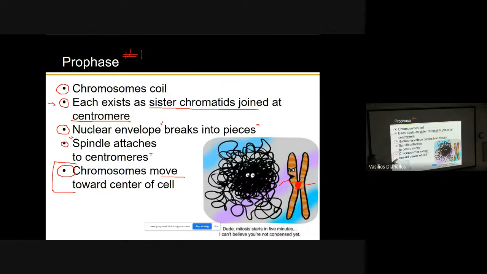If this phase is the chromosomes moving towards the center of the cell, what do you think happens that says, okay, this is the next phase? Just read that last bullet point and think about it. Perfect. Logically, that has to be it. If this is defined by the fact that the chromosomes are moving towards the center of the cell, then logically the next phase must be they made it.